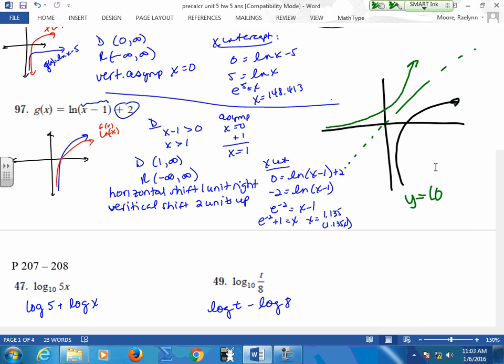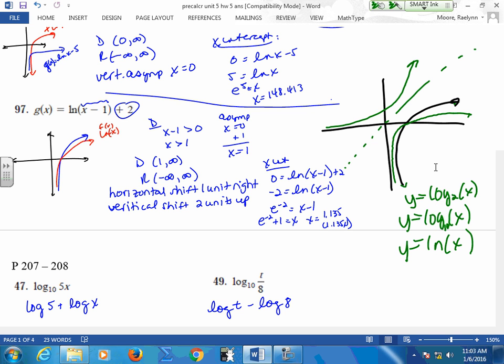Whether I say log base 2 of x, log base 10 of x, ln x, they all look like this. Now the only difference is, for our sketch, they're going to look like this. The only difference is, like if this is a log base 2, a base 10, because there's no 10 here, but it's understood to be 10, will just come a little closer here and a little closer here.